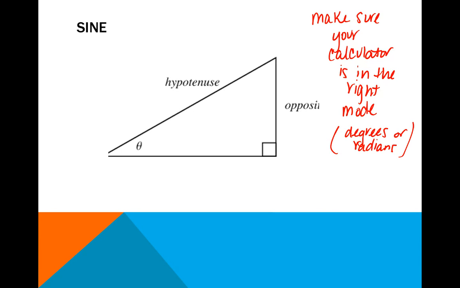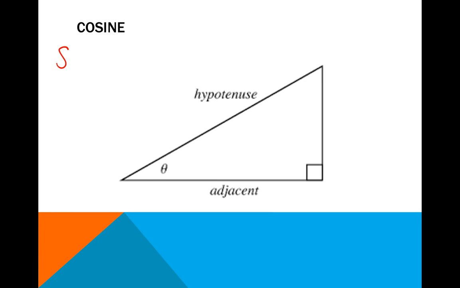So if you remember your acronym SOHCAHTOA, the sine here is going to be your opposite over the hypotenuse. So we can see here angle theta, opposite over hypotenuse. Your cosine function is adjacent over hypotenuse.